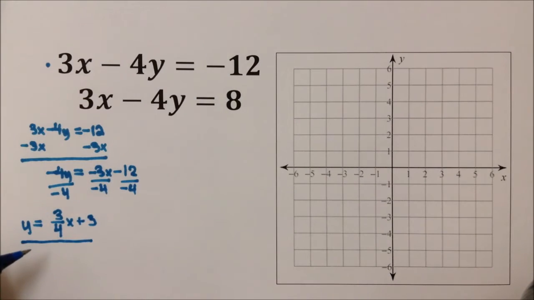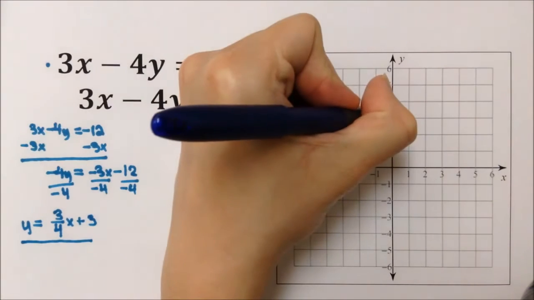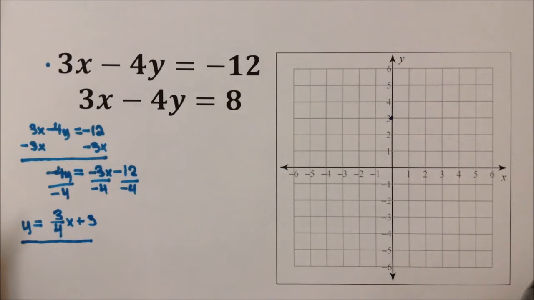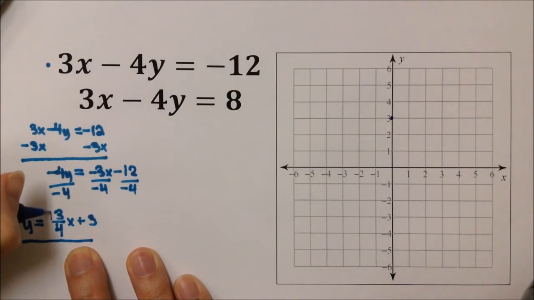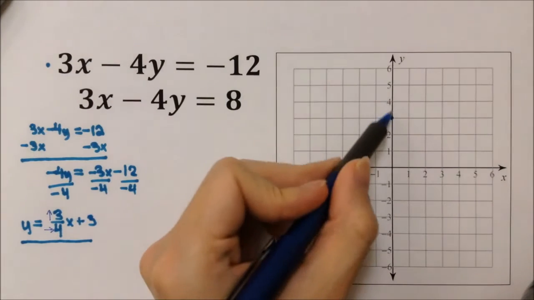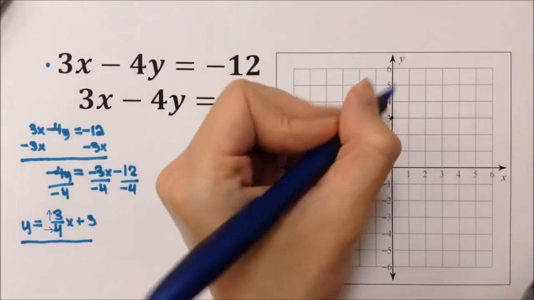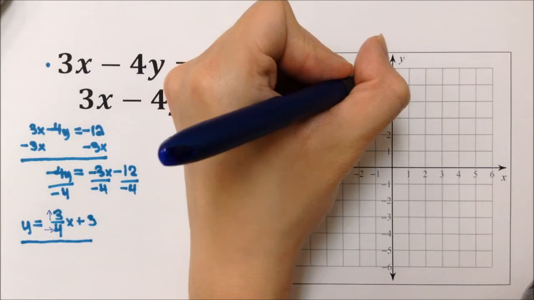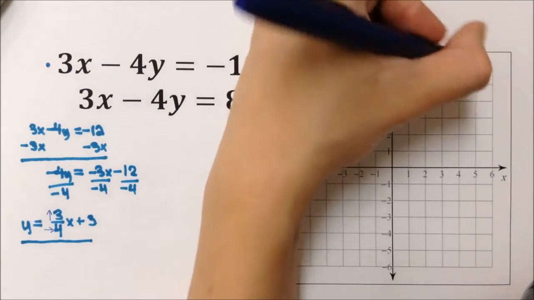So our y-intercept will be at 0, 3, which is right here. Now, looking at our slope, it's positive, so I'm going to go up 3 and right 4. So 1, 2, 3. Yeah, I can work with this slope. So it's going to be up 3, 1, 2, 3, and then right 4, 1, 2, 3, 4.